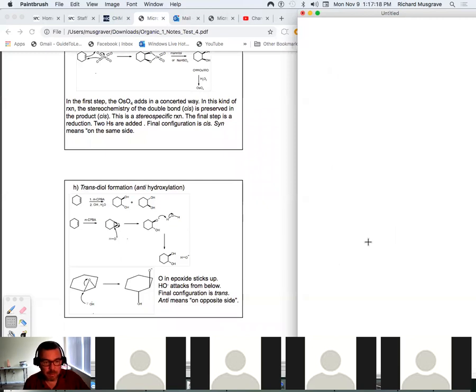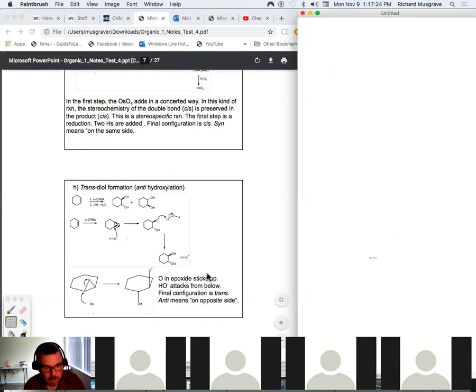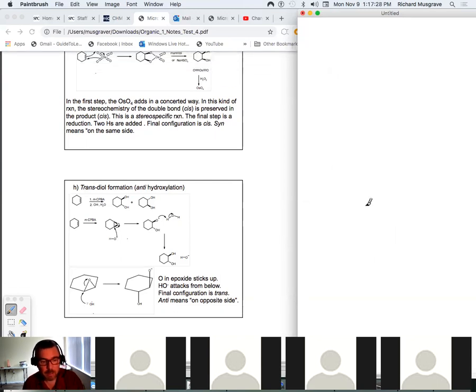We also have a method of making trans diols as well. The method involves using a reaction that we dealt with back in test 3. And that was the reaction that allowed us to form an epoxide, and then the OH minus comes in from underneath that, and then we get the trans diol. So this is very much like the bromination process we just looked at not very long ago.